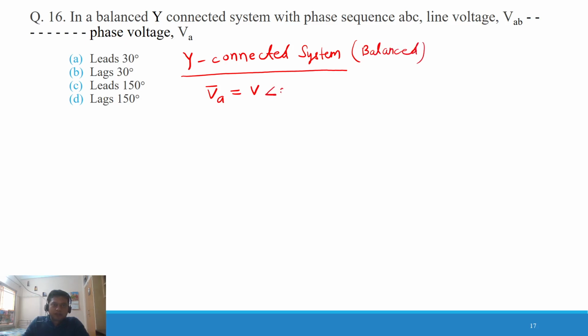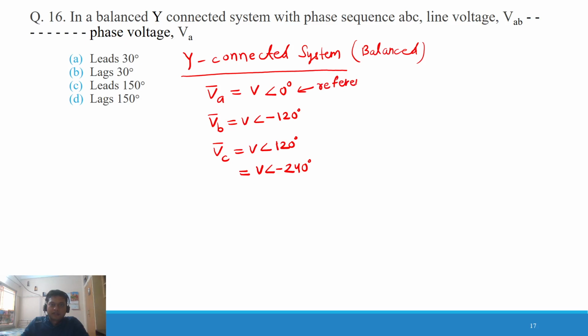Let us assume this voltage magnitude is V at the angle of 0, and we take it as the phase voltage reference. So VA is equal to V at the angle of 0 degrees, VB is equal to V at the angle of minus 120 degrees, and VC is equal to V at the angle of plus 120 degrees, or V at the angle of minus 240 degrees. So we have taken the phase A voltage as the reference.